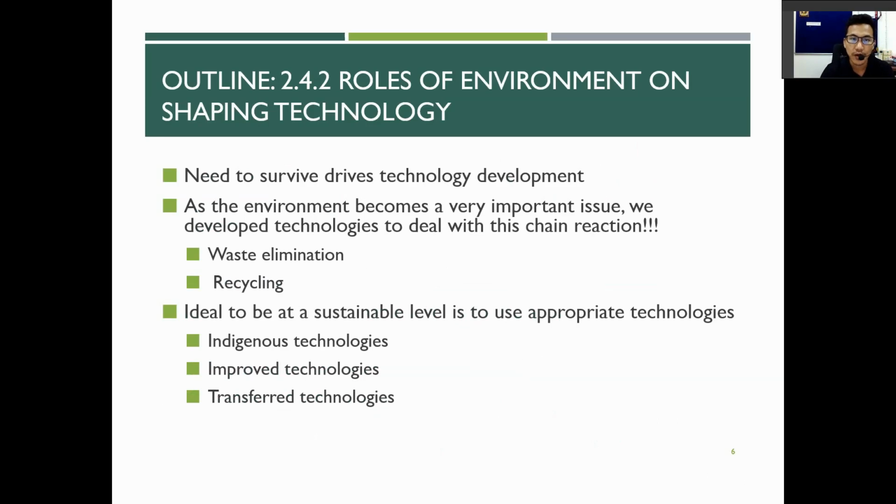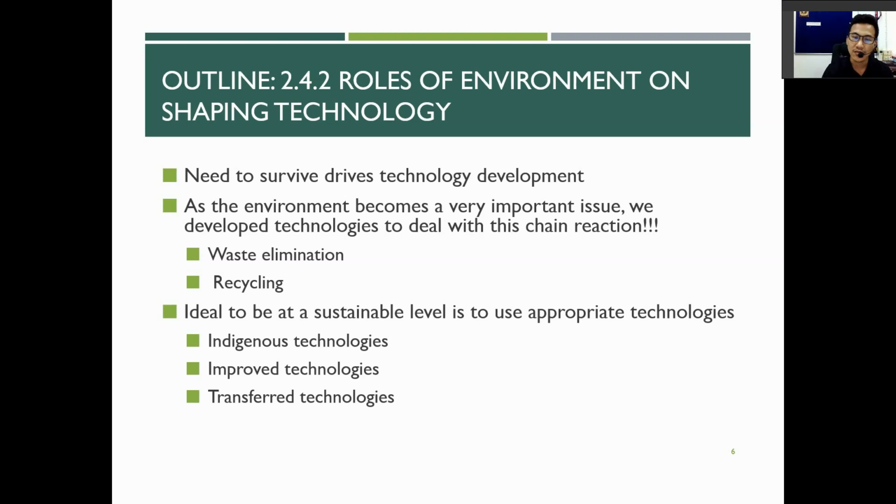Now 2.4.2, the role of environment on shaping technology. This is vice versa. That means the environment itself can change the technology we have as well. Like if you have to survive in some country, as I gave an example previously, you have to use seawater, make it fresh first, and then water the plant.